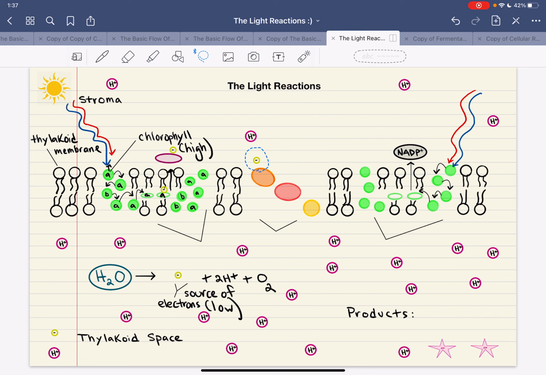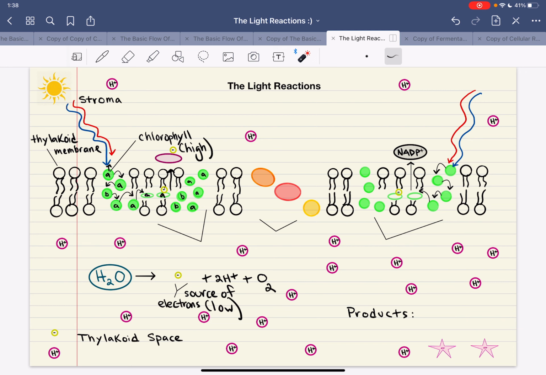And what happens as that electron gets passed down the chain is that these molecules are going to pump protons across the membrane, as you can see here, generating a really steep concentration gradient, which is therefore used to build ATP.